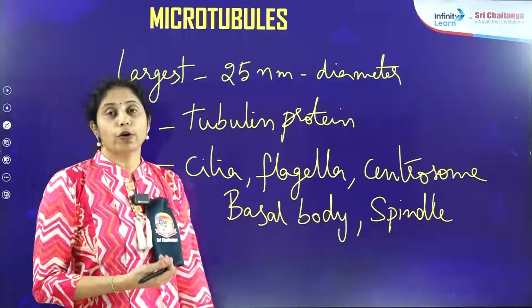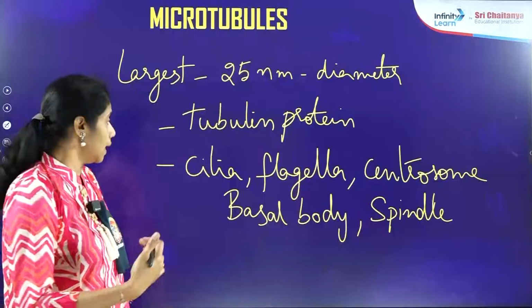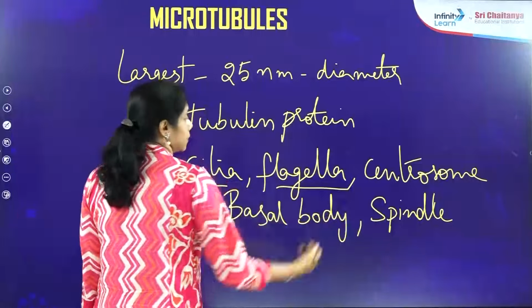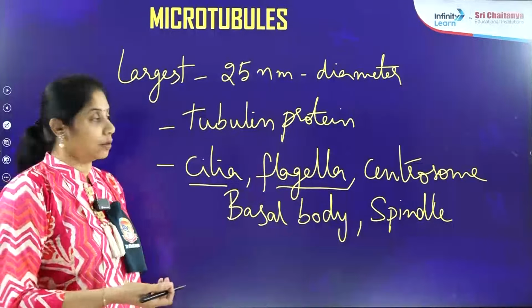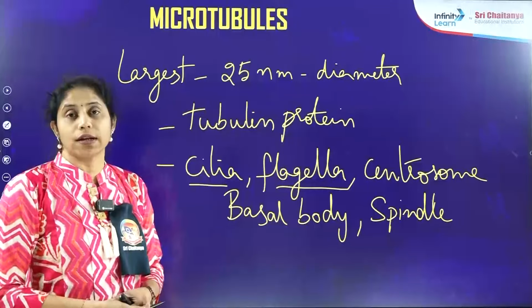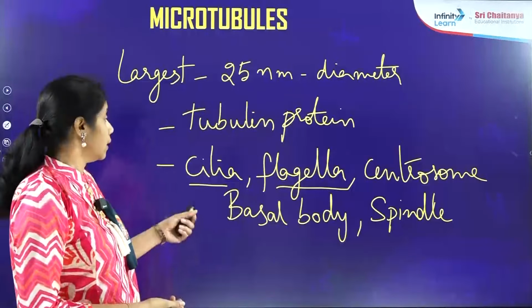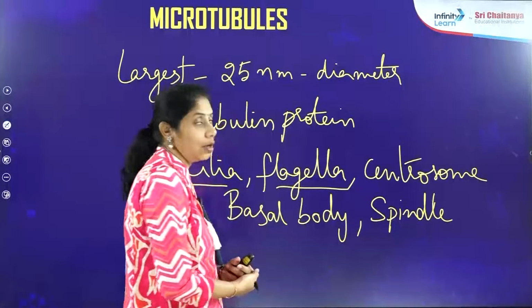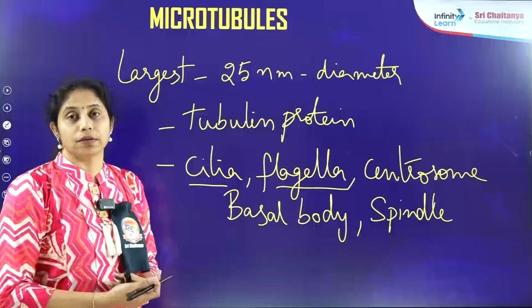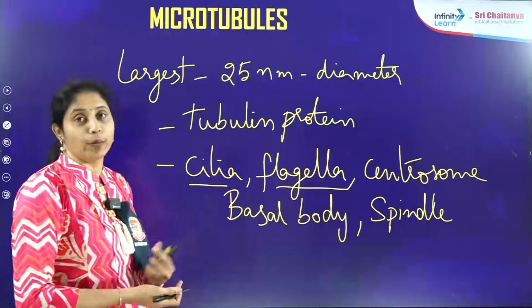In this way, the microtubules help the cell with motility. If the cell is able to move from one place to another, the locomotory structures are cilia and flagella; in some cells, that movement is provided by the microtubules through cilia and flagella. Then the centrosome, which helps in cell division, is also made up of microtubules.